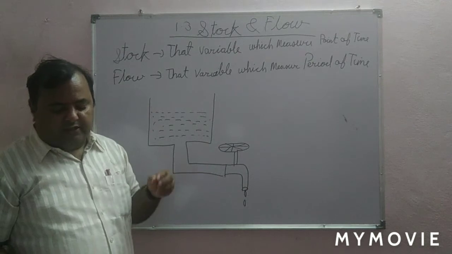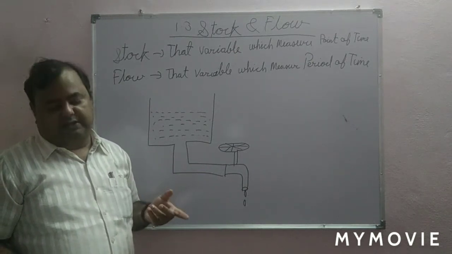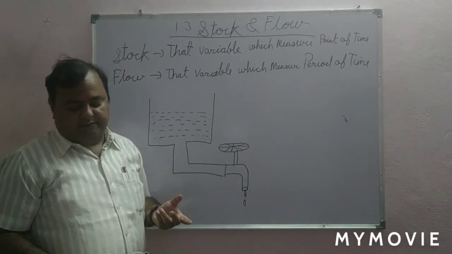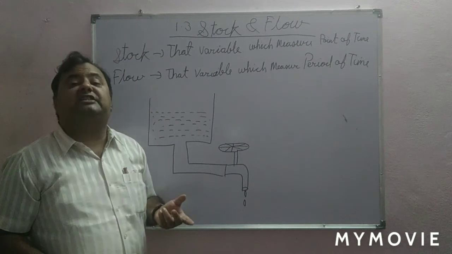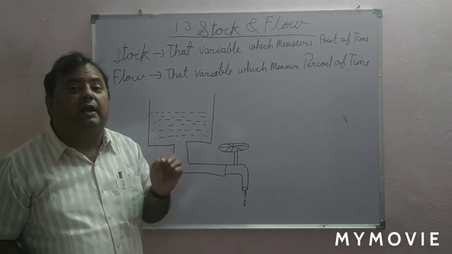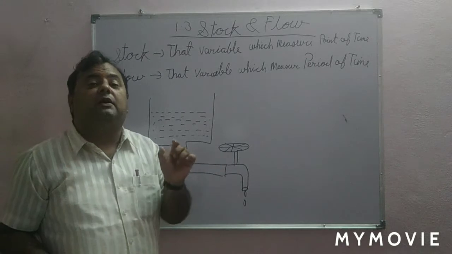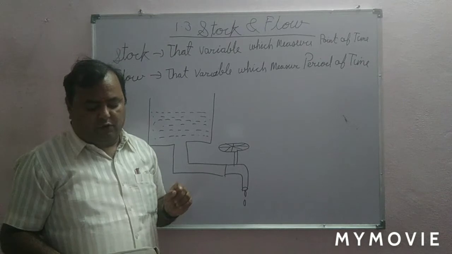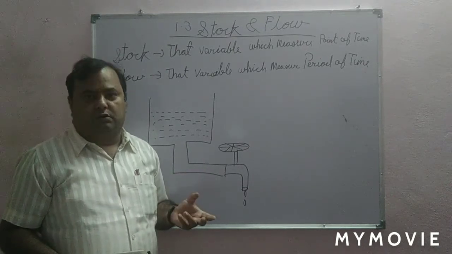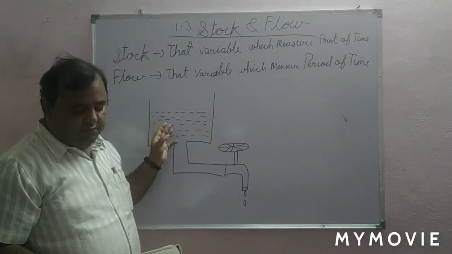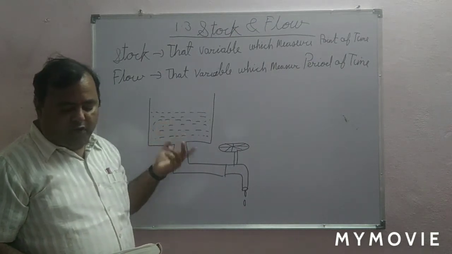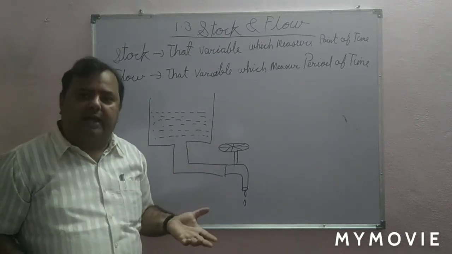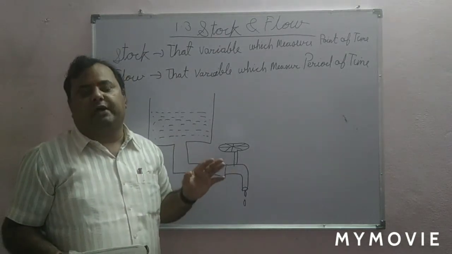Another example: the total number of Maruti cars in Delhi, or in economic language, money supply, money in circulation, national wealth. Please understand the word wealth, right? It's a stock concept. And quantity of feed stored, quantity of water stored, total number of houses, or petrol stored in the petrol pump tank. Those are all examples of stock.